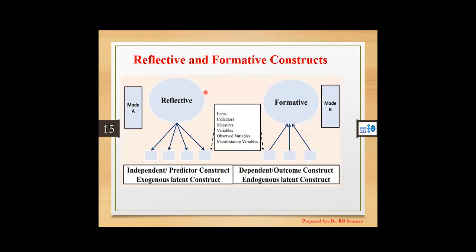Now here is a discussion of the difference between the reflective and the formative. Okay, this is a reflective construct. These are the items, item 1, 2, 3, and 4. So the arrow is pointing from the construct to its items. See this direction of the arrow: it's coming from the construct, that means a variable, to its item.